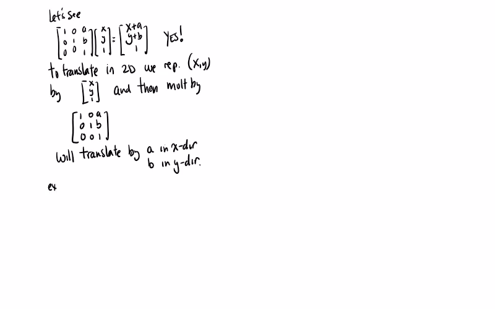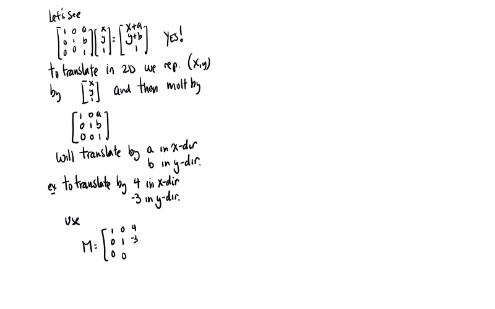So, for example, to translate by, say, 4 in the x direction and negative 3 in the y direction, we're going to use the matrix 1, 0, 0, 0, 1, 0, 4, negative 3, 1.